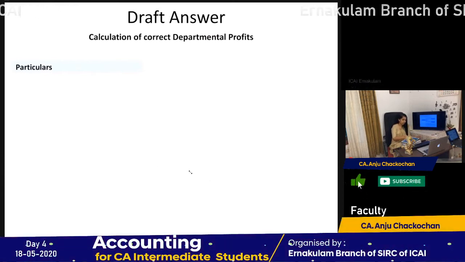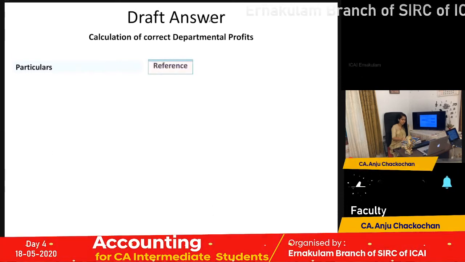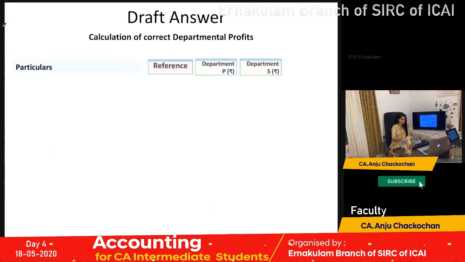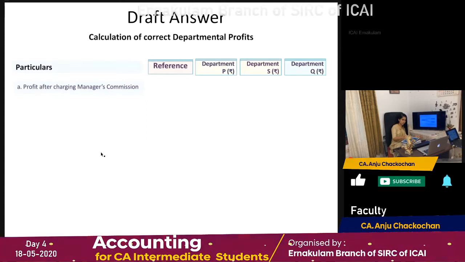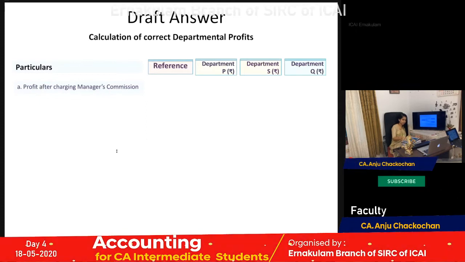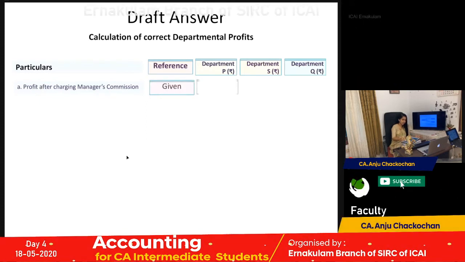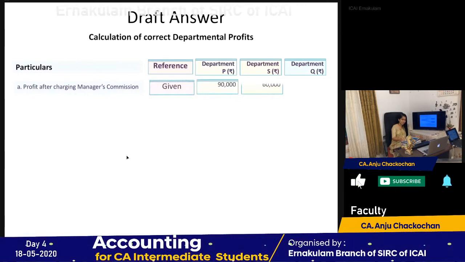Okay. So we have the particulars column, we have the reference column, and we have 3 columns for all the 3 departments. So how much is the profit which is given to us, after charging manager's commission, which is already given? It is 90,000, 60,000, and 45,000.